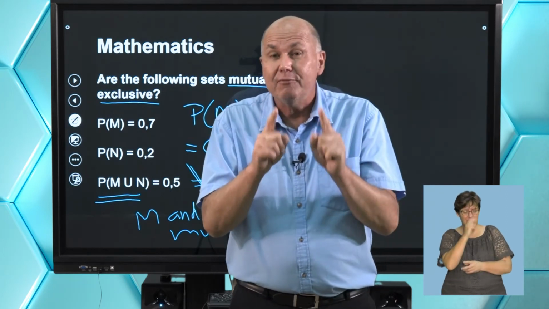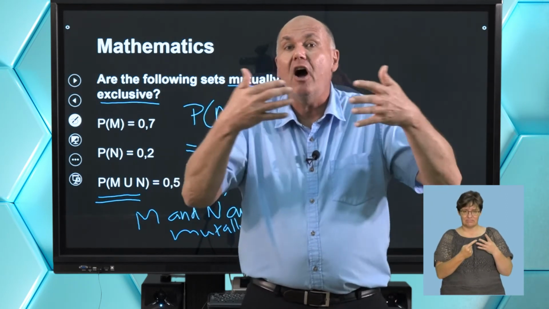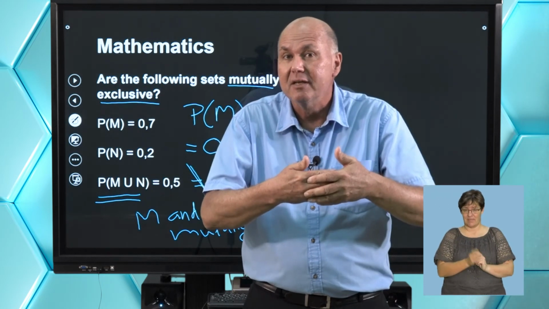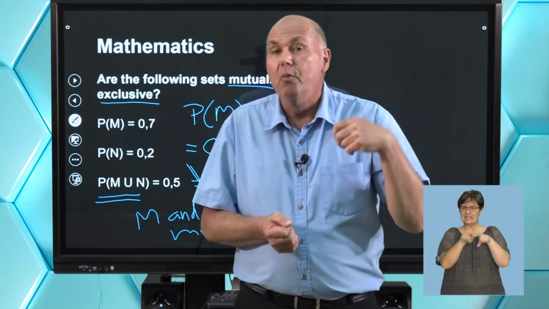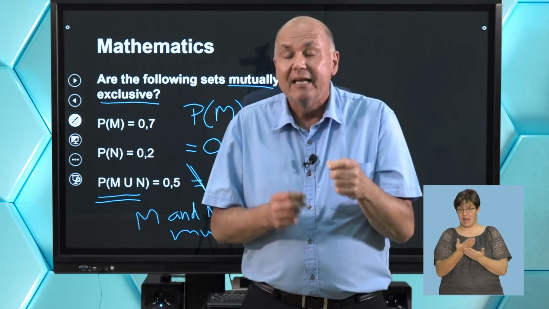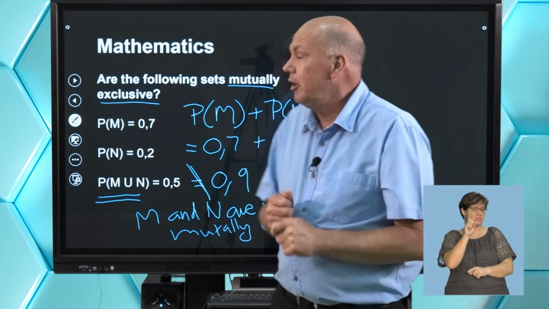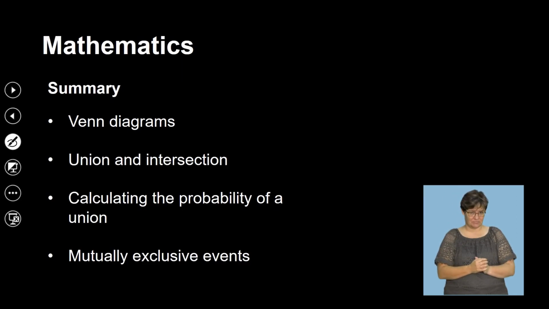We're going to have a look at what happens when there are elements in the intersection. But that we will leave for another time. We will think about whether that same identity can be applied. But before we go, let's have a look at a brief summary. So, what have we done so far in our investigations of probability? Yes, we've looked at Venn diagrams.